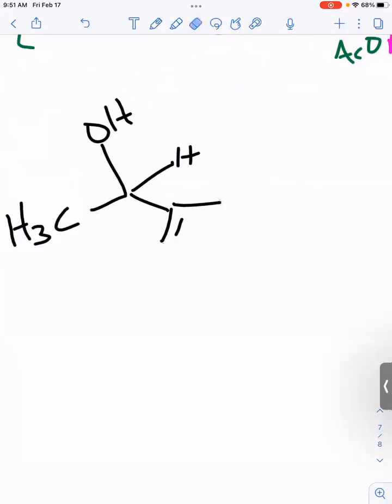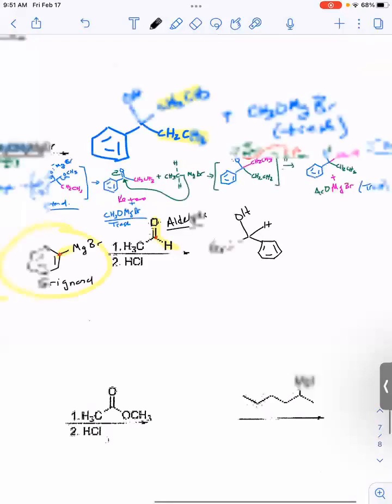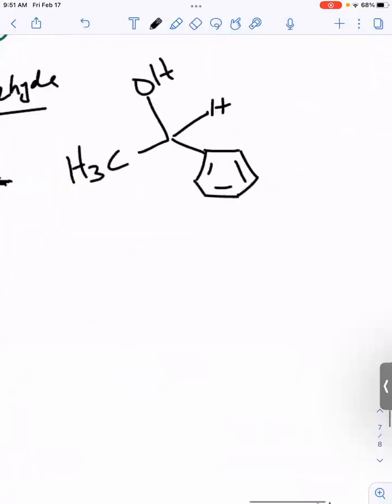Let me just redraw that. Right, that's my product. And again, I have a new carbon-carbon bond between these two. That's the goal. Anytime I'm doing a reaction like this, it's to construct a new carbon-carbon bond, and it's a very facile way to do it.